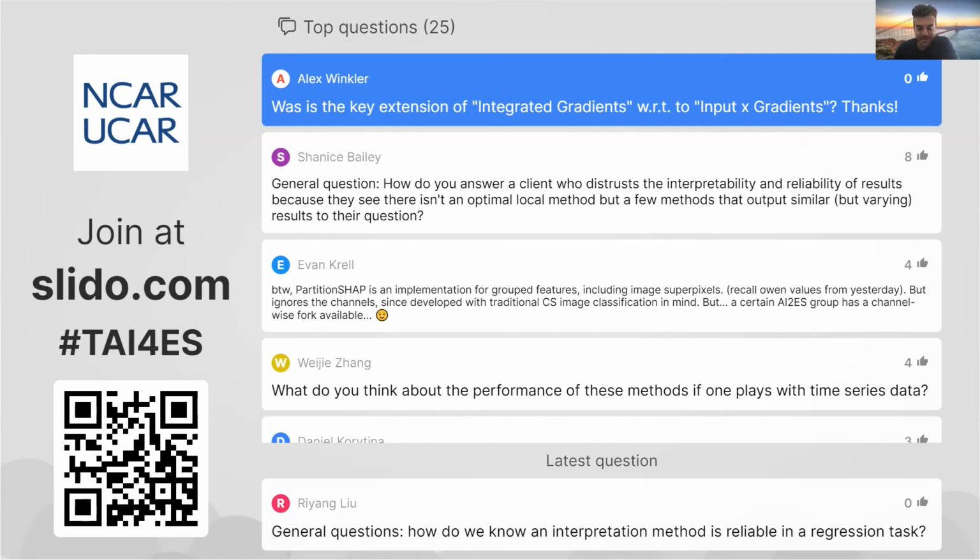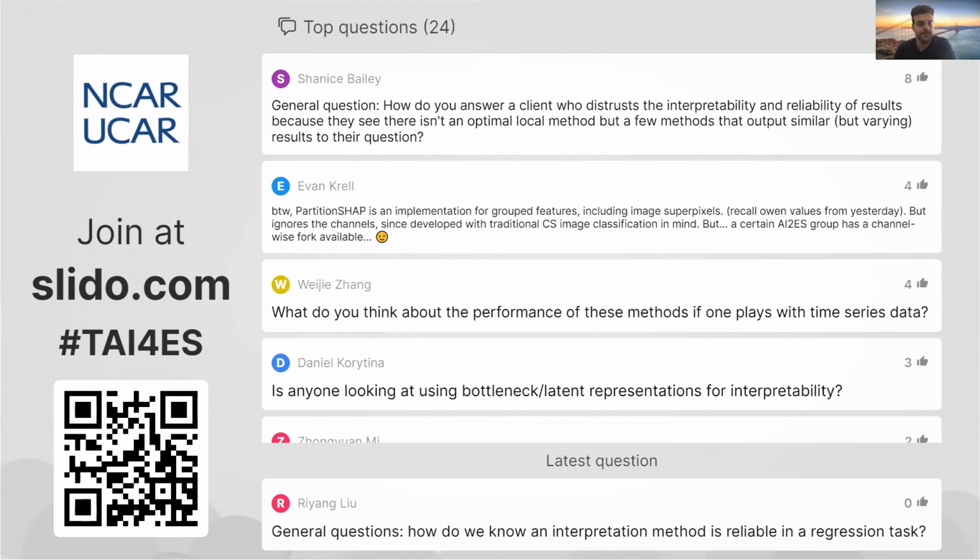So this property essentially means that the summation of the attribution that this method provides adds up to the difference between the current prediction and the prediction of the baseline. And that's a very valuable property to have. So yeah, these are the main differences between the two.